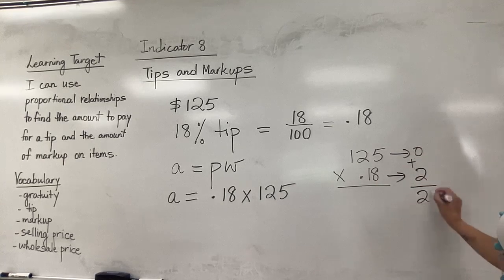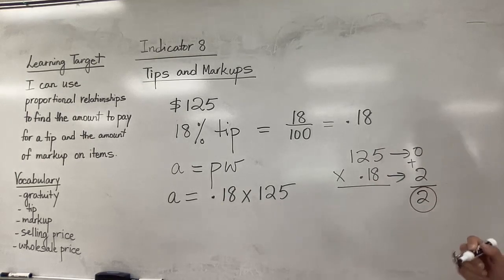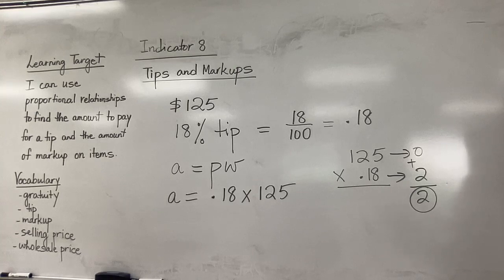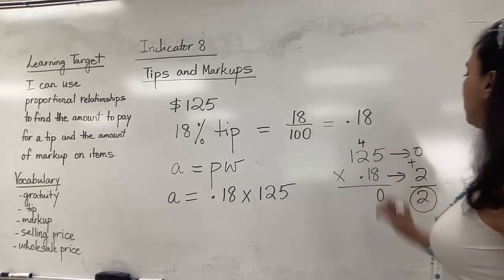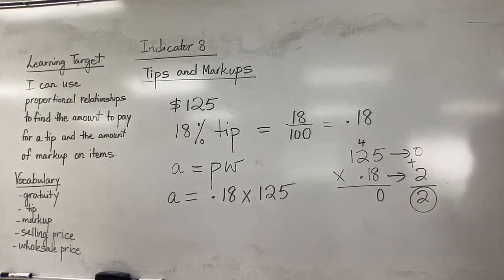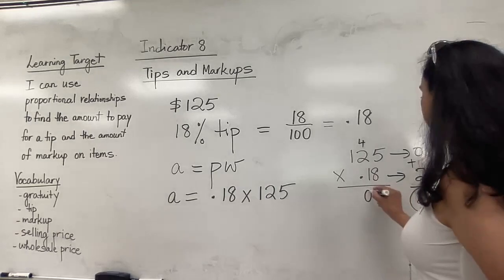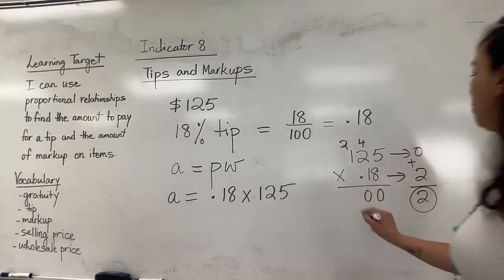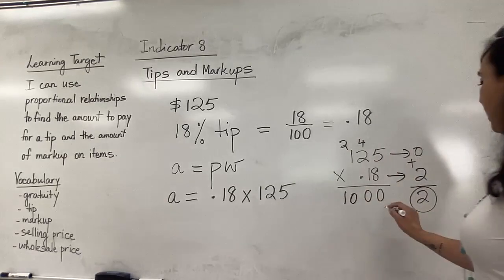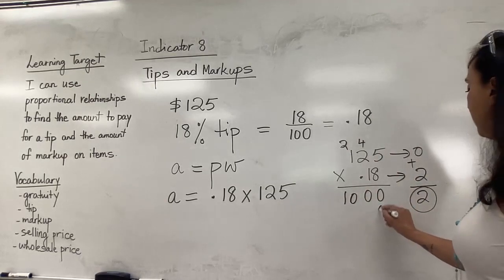Always do this so we don't forget to move the decimal at the end when we are finding the product. Okay, so we have 5 times 8 is 40, 2 times 8 is 16, plus 4, which gives me 20. 8 times 1 is 8, plus 2, which is 10. On the next row, annex a 0.